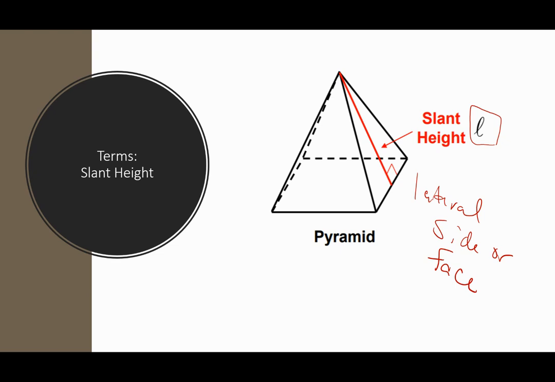That cursive L is really for lateral, but we call it the slant height to distinguish it from our altitude of the whole pyramid.